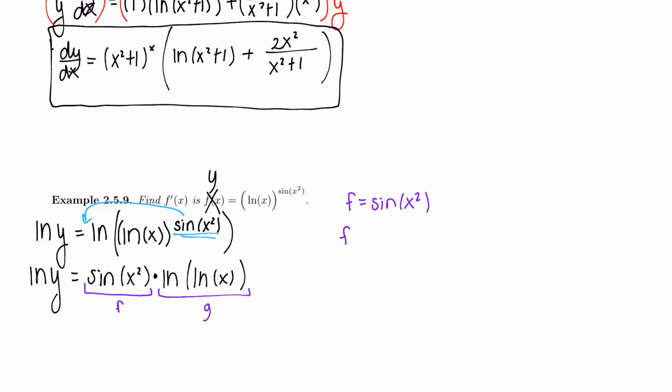My f prime, the derivative of the outside, is cosine x squared times the derivative of the inside, which is 2x. To write that a little nicer, we could bring the 2x out front: 2x cosine of x squared.